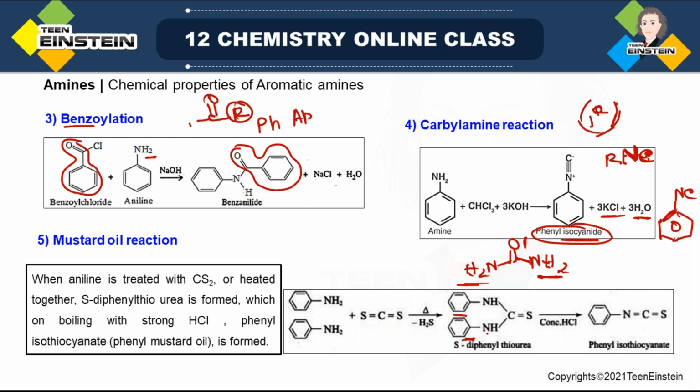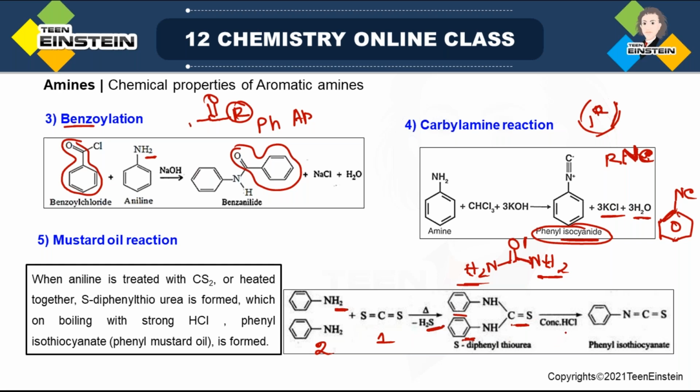So that is the name S-diphenyl thiourea. Okay. And in this case, 2 molecules of aniline and 1 molecule of CS2 are heated together, H2S is removed, and as if these 2 H's are now connected by this CS.